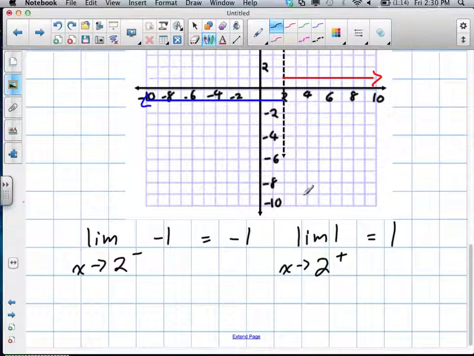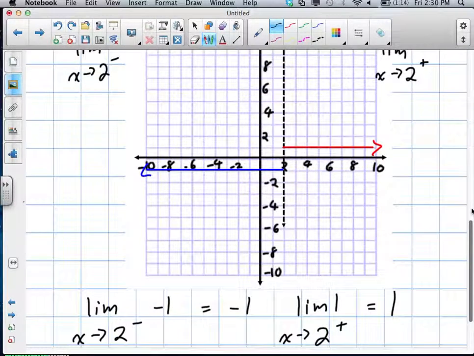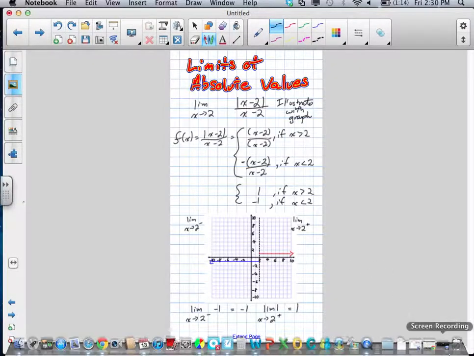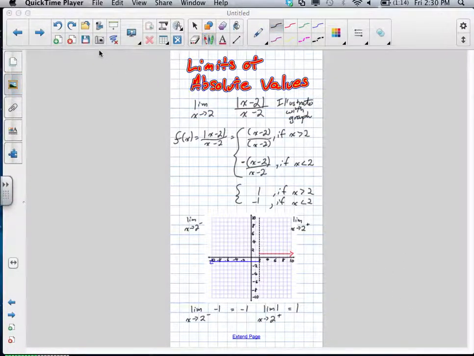We can't find the limit as x approaches 2 as a single value. We can only find it as it approaches from the left and approaches from the right. It doesn't actually exist at the number 2. Because we're able to define it from the left and the right, we have our negative 1 and our 1, but it does not exist when it's at 2.